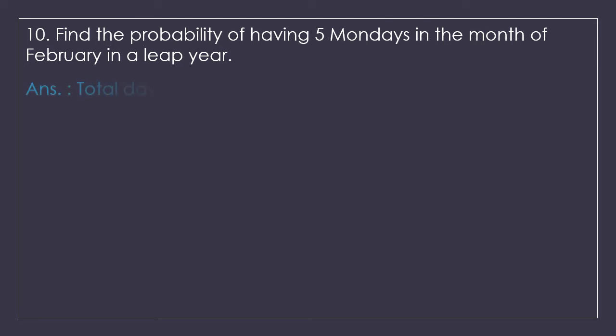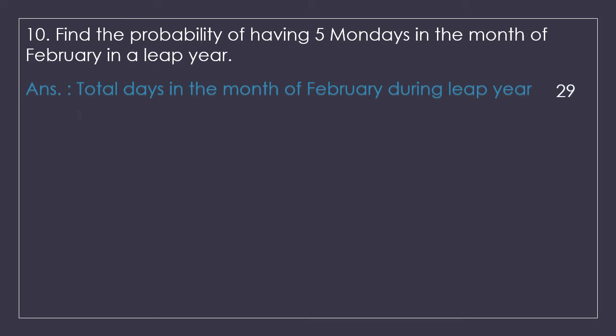So we will start with the total days in the month of February during a leap year, that is 29. Now we need 5 Mondays, but before that we know for sure that every month in a year, no matter which month it is, has at least 4 weeks. So 4 minimum weeks are always there in any month.